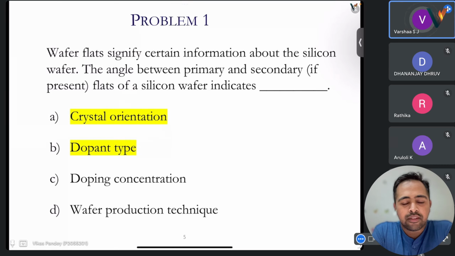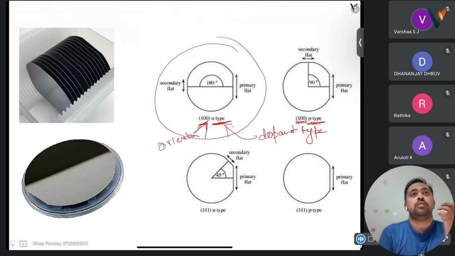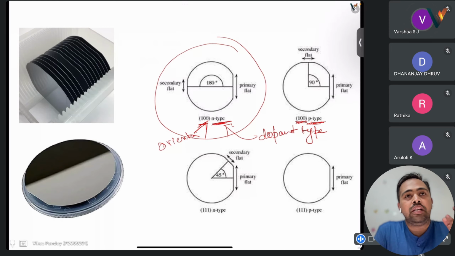Yes, sir, but I'm not sure why doping concentration is not the right answer. See, the doping concentration is about how many molecules of dopant are put there.